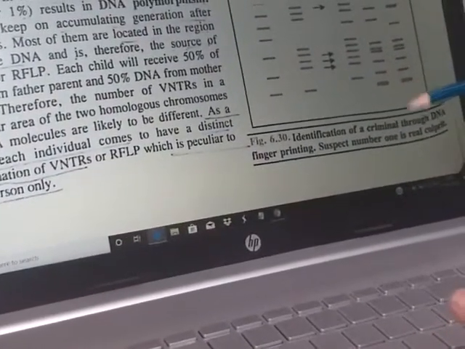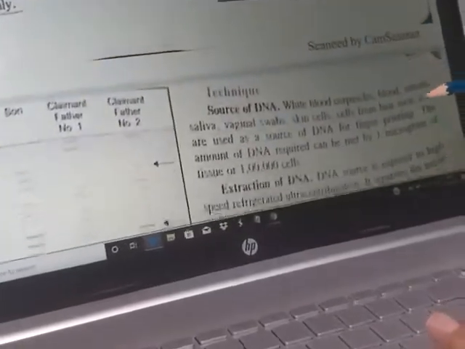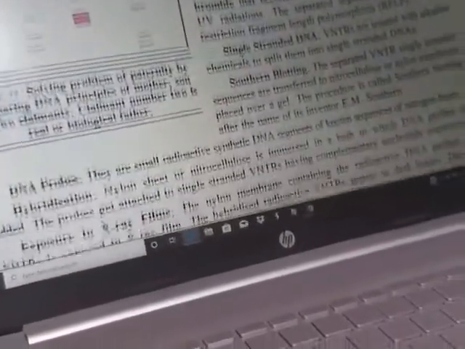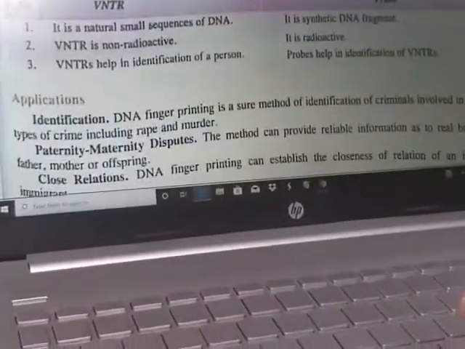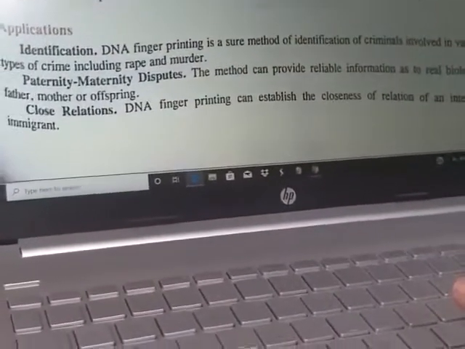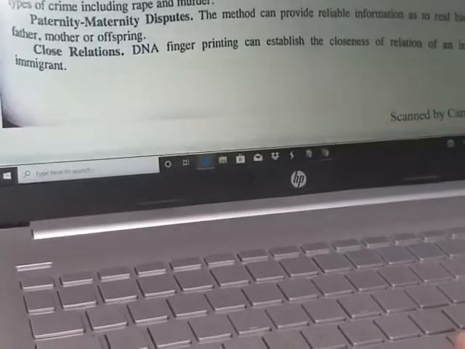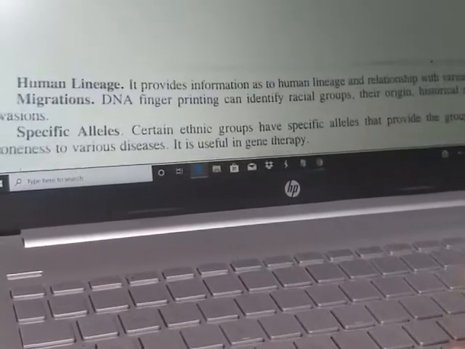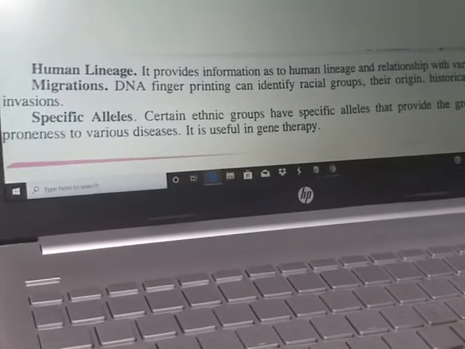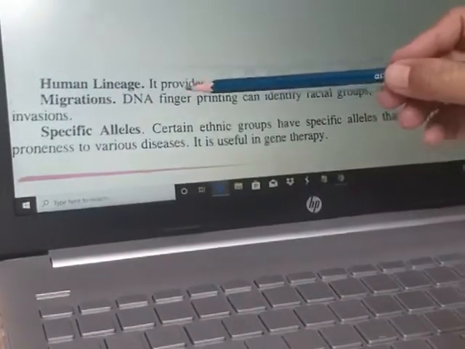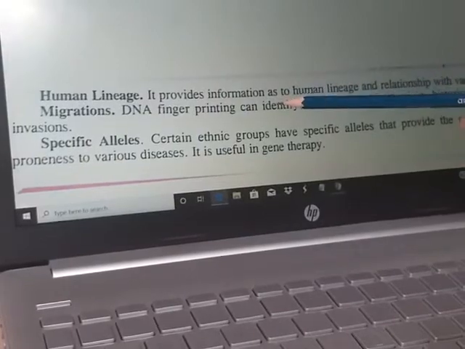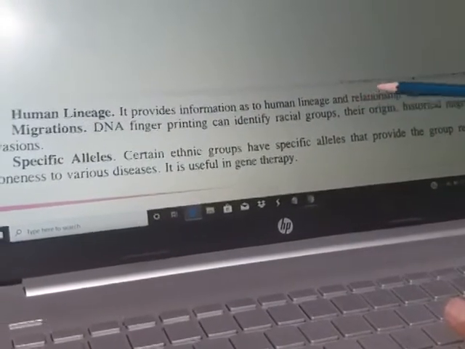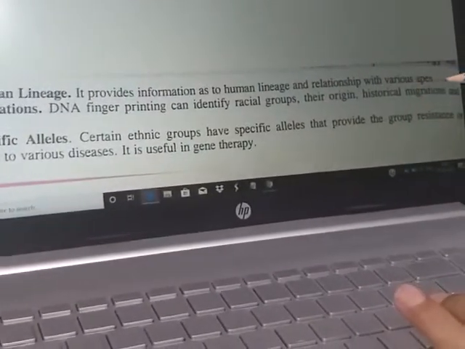So not only paternity testing, crime detection, uses in forensic science, finding close relationships within the family, finding the relatives. This technique is also useful to find human lineage. It provides information about human lineage and relationship with various apes.